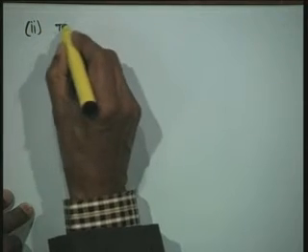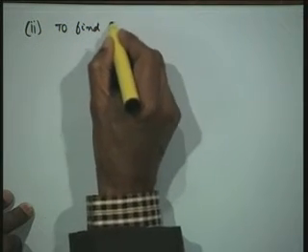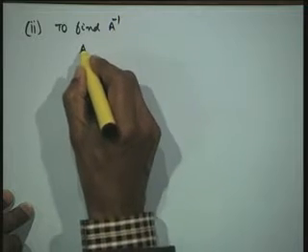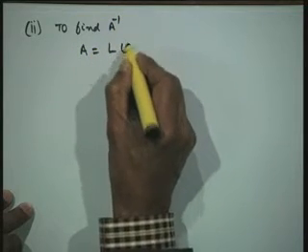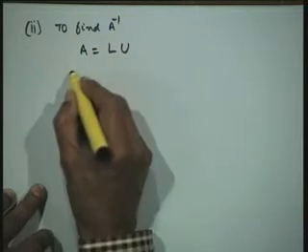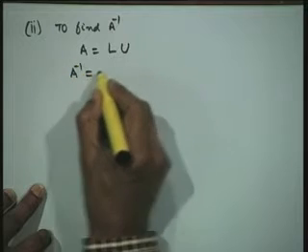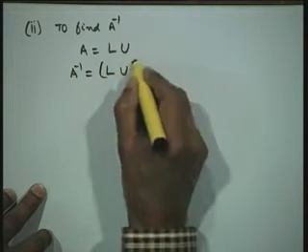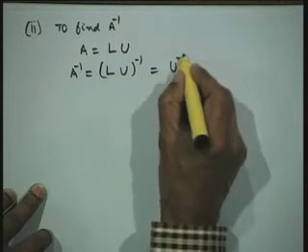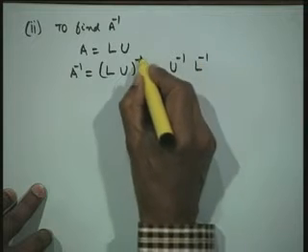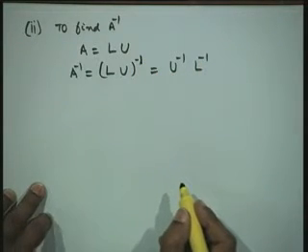Now, let us see what we would do if I need the inverse of a matrix. If I need the inverse of the matrix, we start with A equal to L U. Let us invert both sides: A inverse equals (L U) inverse, that is, U inverse L inverse.